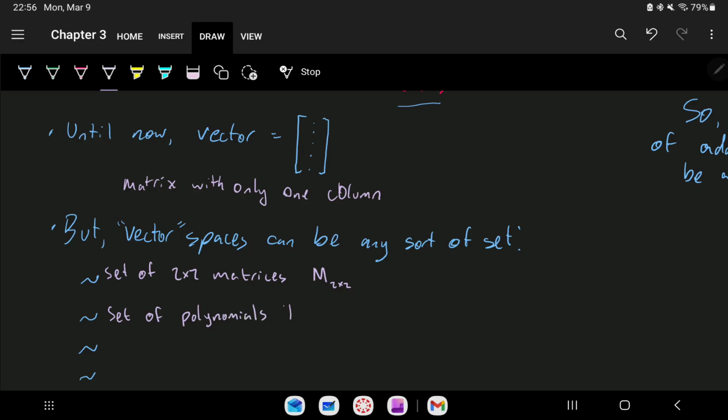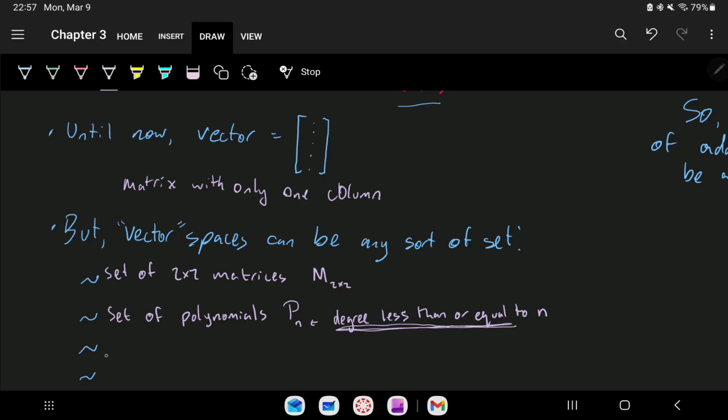This is denoted with this fancy P. It's going to have a subscript n, with the degree less than or equal to n, right? And that is important, actually. Because remember, as we start working with these polynomials and breaking them down, the degrees start to reduce, right? But they're never going to go up from what we have.